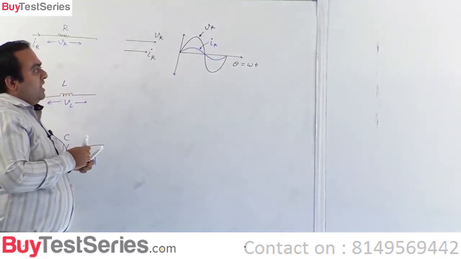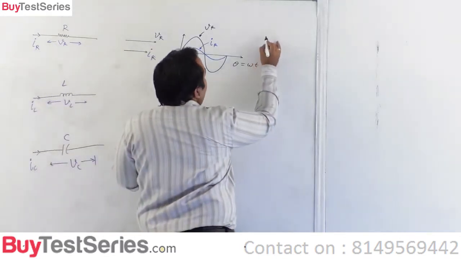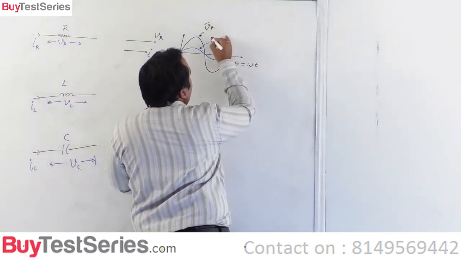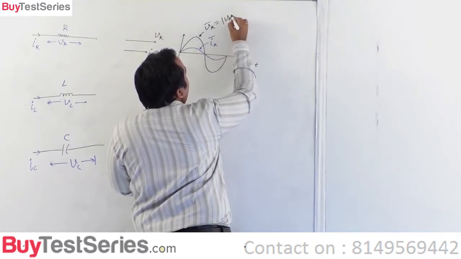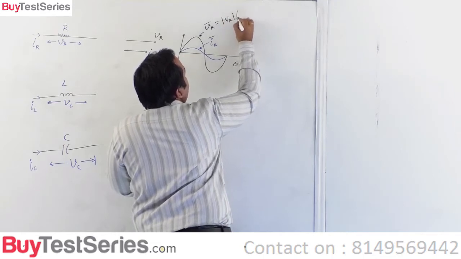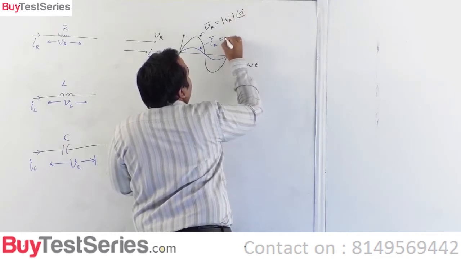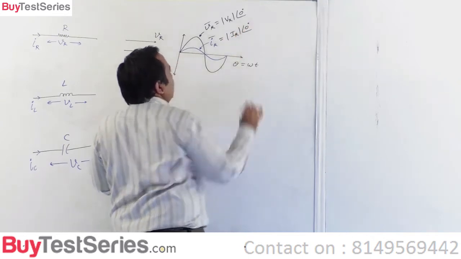Alright, so VR and IR are in phase. If the VR phasor and IR phasor are there, let me call it some VR magnitude angle 0 degrees, so that this IR will also have the same phase.